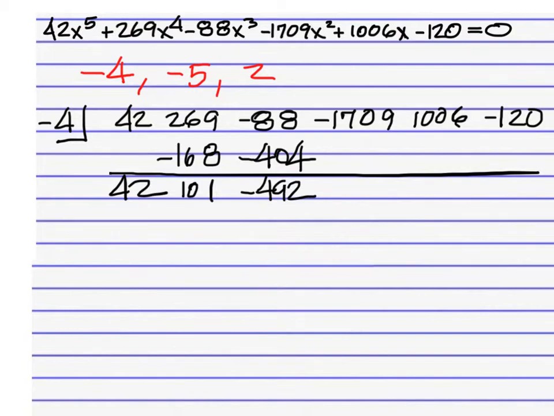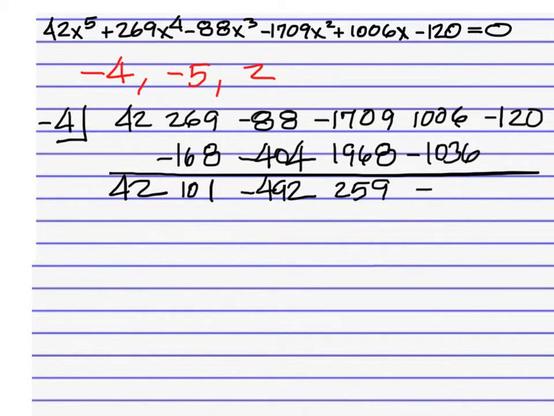Negative 492 times a negative 4 is 1968, and add to that a negative 1709 to get 259. Multiply 259 by a negative 4 to get a negative 1036, and add to that 1006.